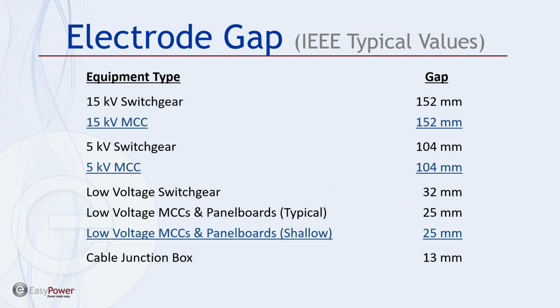A couple of new equipment types have been defined, which were not in the 2002 standard, along with their typical values, which will be included in the default definition of the type of switchgear. So we have 15K switchgear along with 15K motor control centers, and then 5K switchgear along with 5K motor control centers.